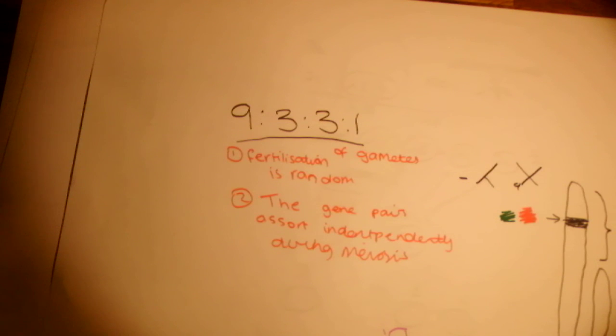Right. So if you get a question about why is there the expected ratio of 9 to 3 to 3 to 1, this is because the fertilisation of gametes is random, and number two, the gene pairs assort independently during meiosis.